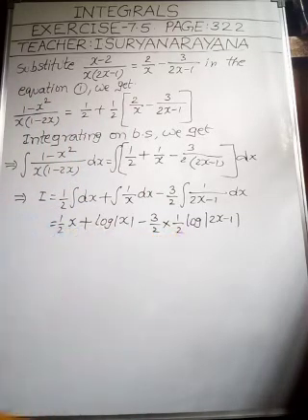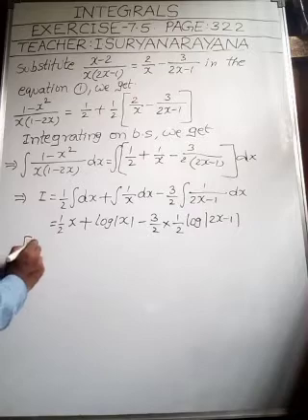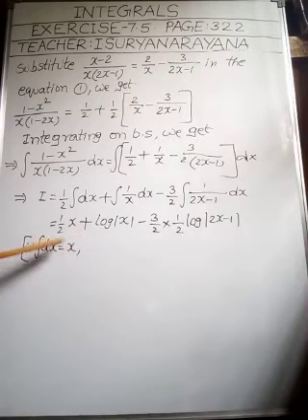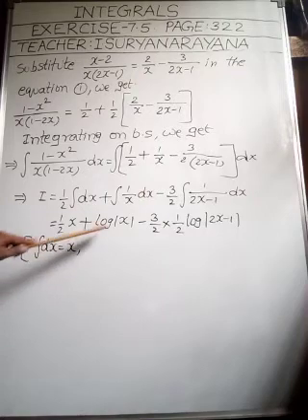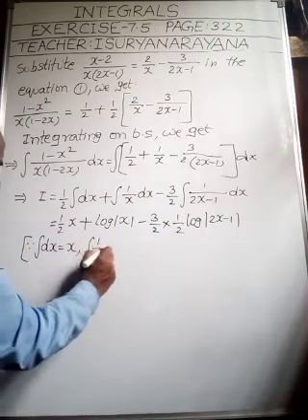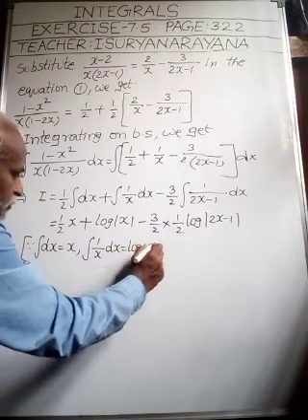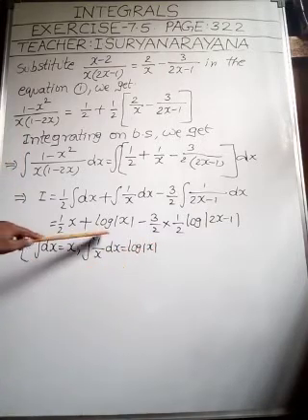Understood this third term? I will write here the formulae. Integral dx is equal to x. For the first term, we used this formula. For the second term, integral 1 by x dx is equal to log mod x. This formula is used for this second term.